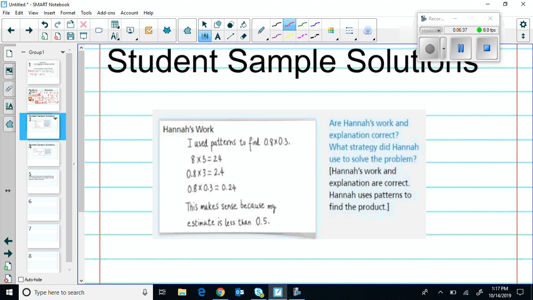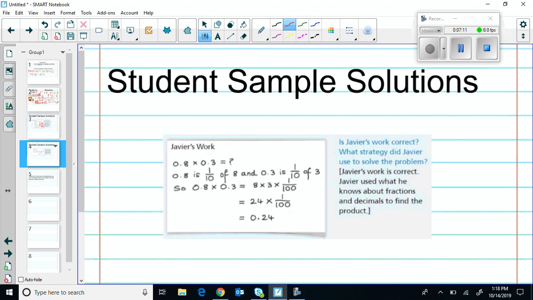So here, if we look at Hannah's work, she used patterns. She just started with 8 times 3 was 24. She moved her decimal over 1 place because of 8 tenths and then another place because of 3 tenths. And that's kind of familiar to what we did on the left side when I just lined it up and down and then looked at the number of places. And then remember it is of a pound, so that's 24 hundredths of a pound.